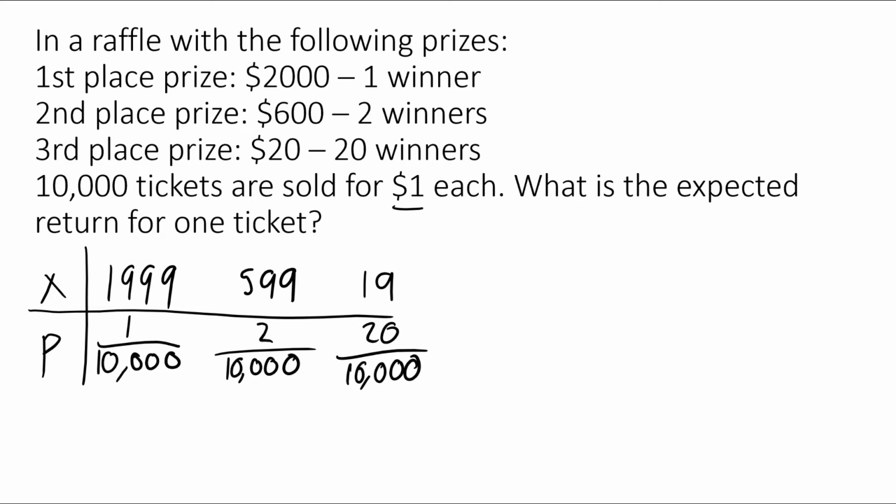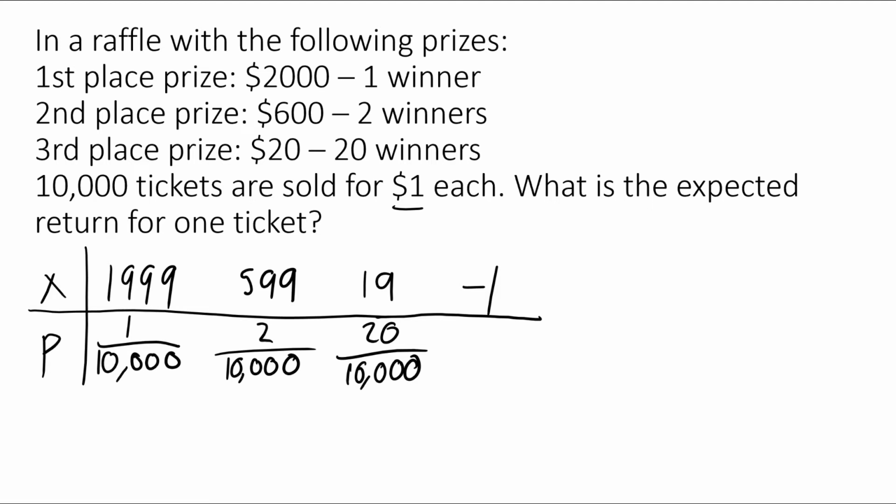Now, it might seem like that's every possibility, because those are the 3 possibilities that are listed. But of course, that is not everyone. That's 23 people. One person who wins first place prize, 2 people who win second place, and 20 people who win third place. But that neglects everyone else who is going to lose their dollar. So there's the one last outcome, the most likely outcome, is -1.